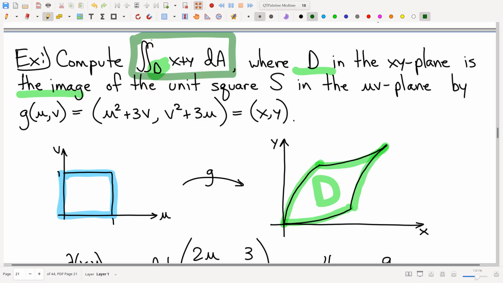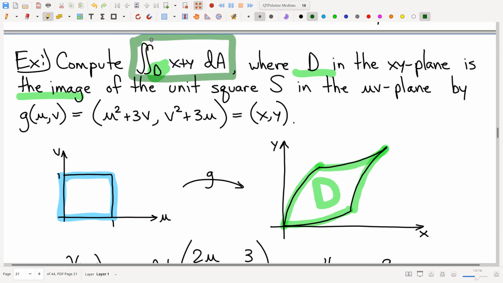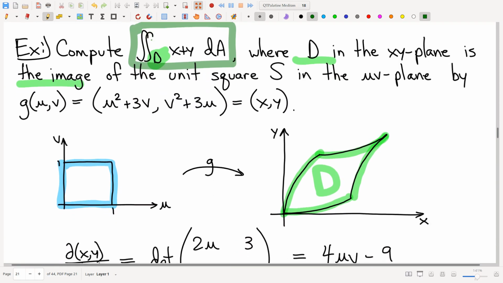Well, what else could I do? Oh, and by the way, here it's even worse. No matter which way I slice, for example, suppose I started slicing like this, I am pretty quickly going to hit a corner, and then as I continue slicing, I will pretty quickly thereafter hit another corner.